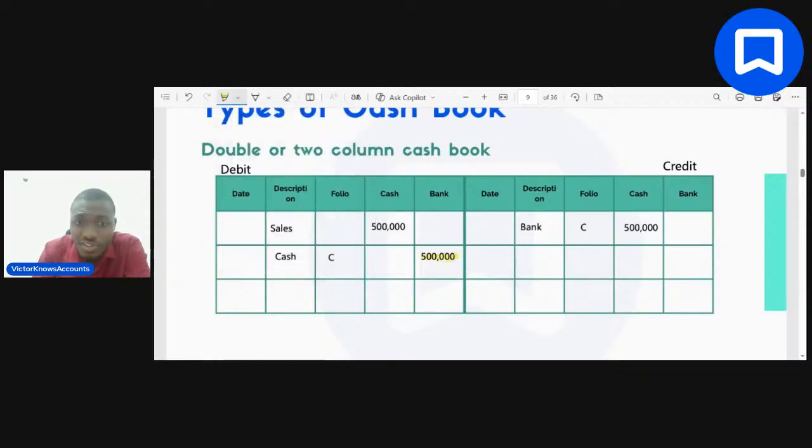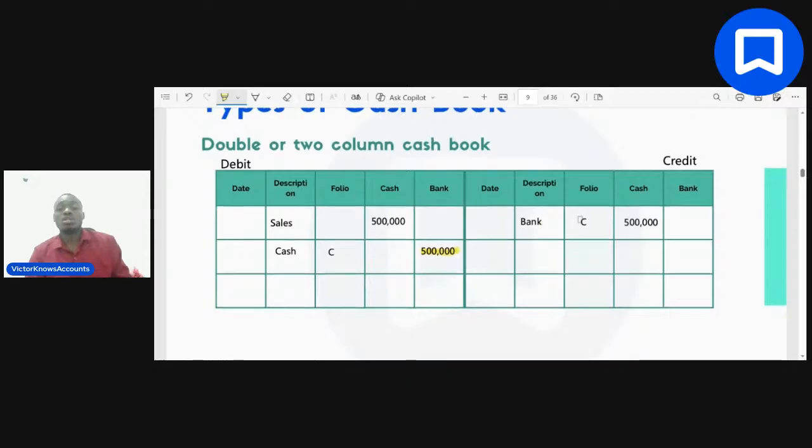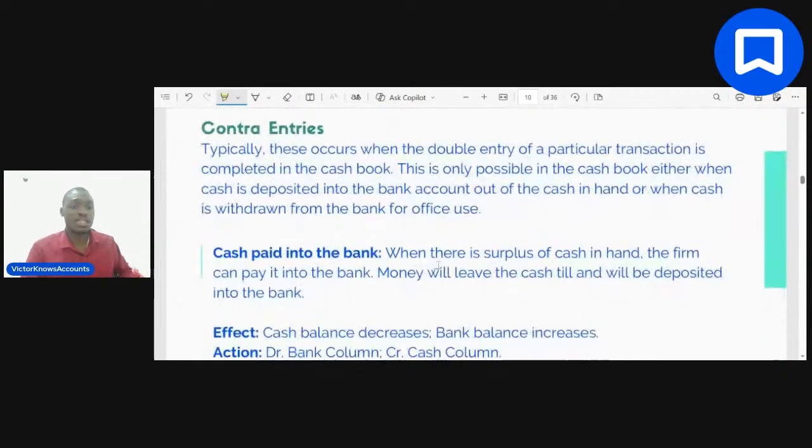This particular 500,000 naira came from cash. While this 500,000 naira is showing that 500,000 naira left cash and went to bank. Is that taking? So this C there just shows that it is a contra entry.